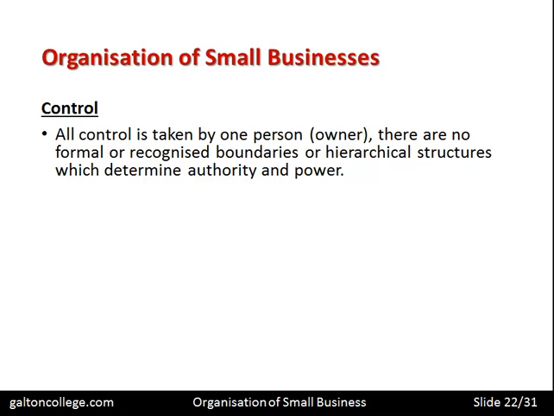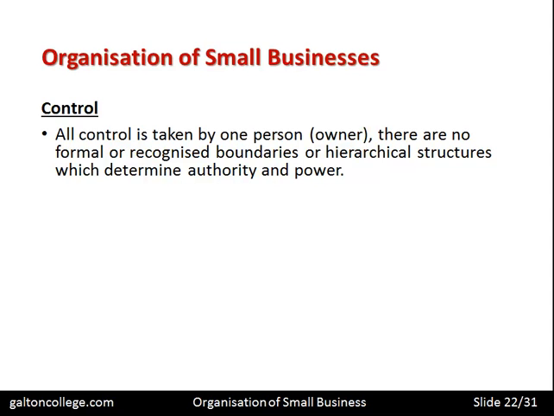So the production manager will be in charge of production. He or she is not in charge also of marketing, the chances are. So the marketing section will be separate, and production will be separate, and distribution will be separate, and accounts will be separate. So there are boundaries, but with small businesses there don't seem to be that many boundaries.